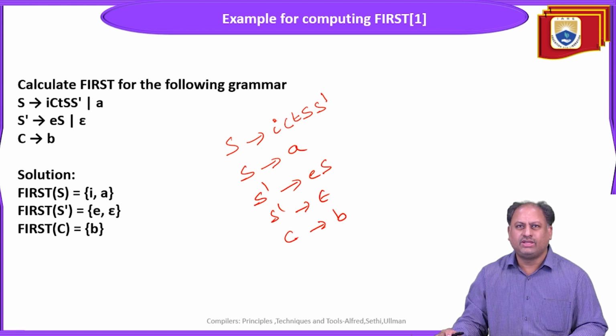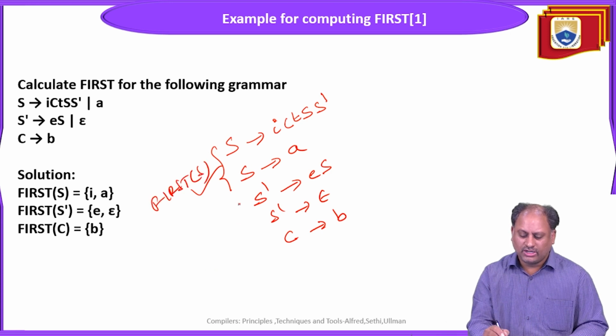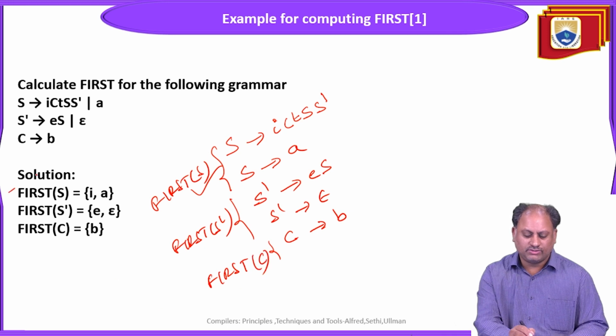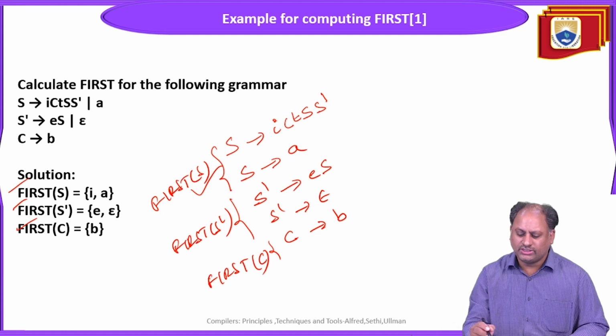First, for the following grammar, we have to verify what computations are to be considered. We can calculate first of S, and for the two cases we have to consider first of S dash, and from this we can conclude first of C. Now it is easy to know what is first of i.